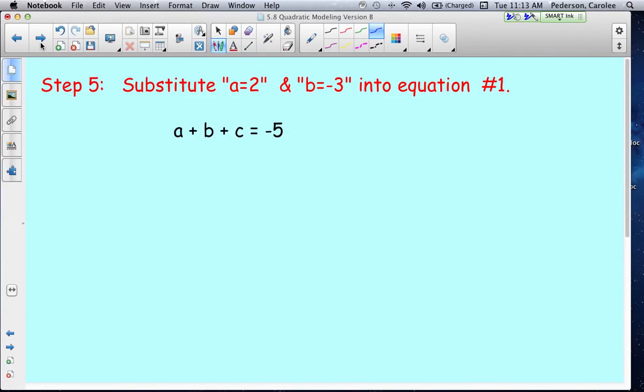Step 5 is to now substitute a equaling 2 and b equaling negative 3 into one of the original equations in the system. I just chose the top equation from the system because it had the easiest substituting. So I'm going to substitute 2 in for a, negative 3 in for b, and now I just solve this equation for my last variable, c.